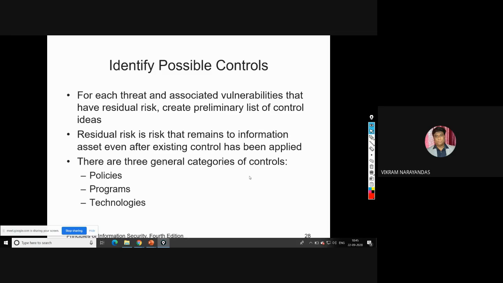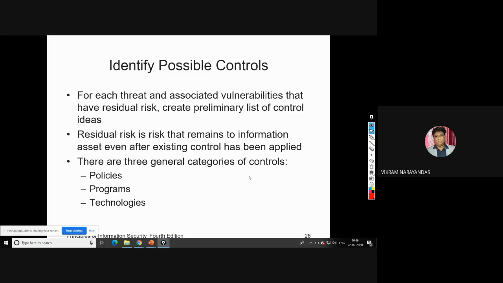Residual risk is the risk that remains to an information asset even after existing controls have been applied. Every organization maintains some controls, but they may not be effective for some types of residual risk. Even though you apply existing controls, the risk may remain for the information asset.